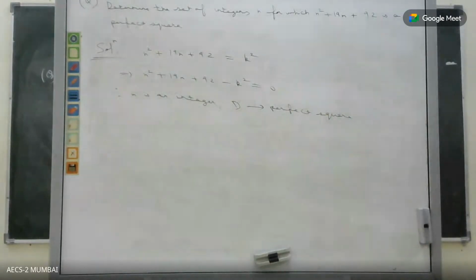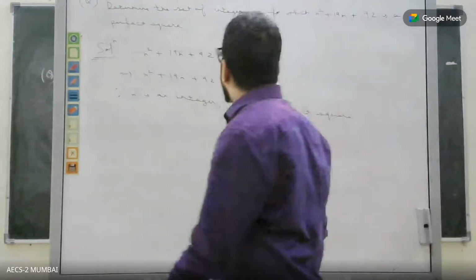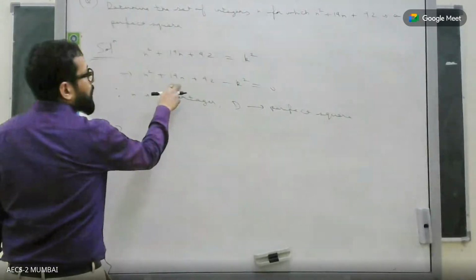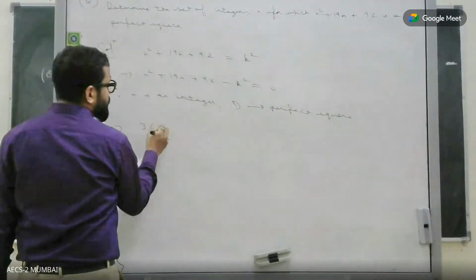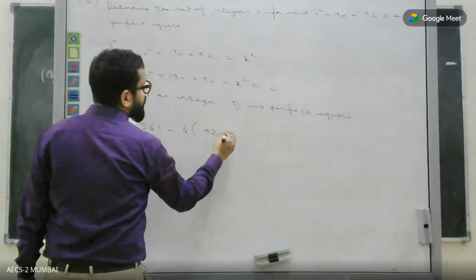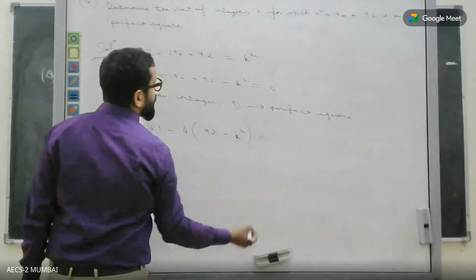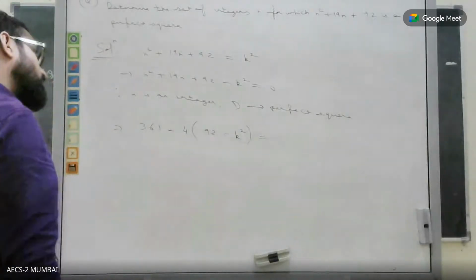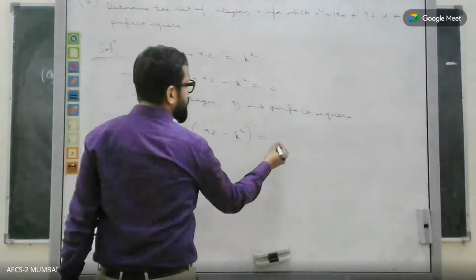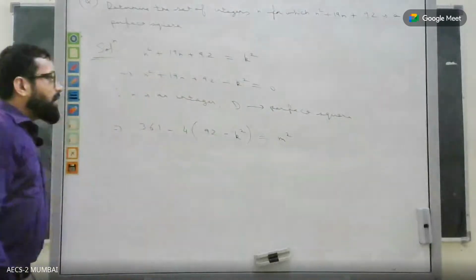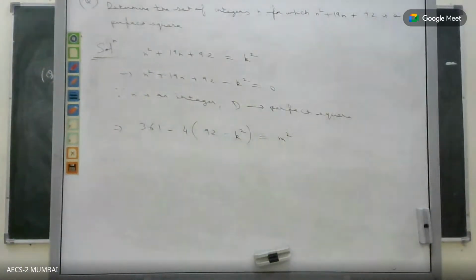You will get an irrational root, correct? So from here, what do I get? What is this? B square is what? 61? ऐसा आएगा, correct? Yes.